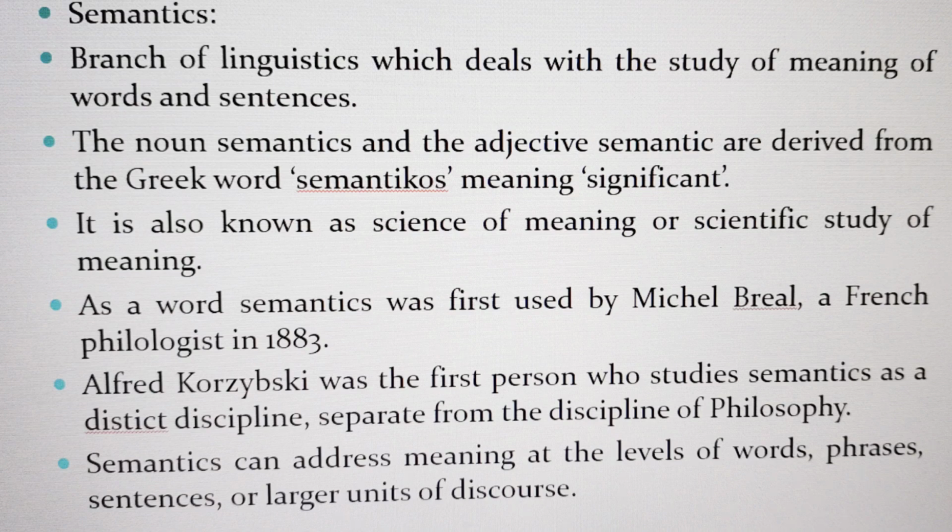Semantics can address meaning at the level of words, phrases, sentences, or larger units of discourse. You have to be careful about the pronunciation of that word, Alfred Korzybski. That is the correct pronunciation.